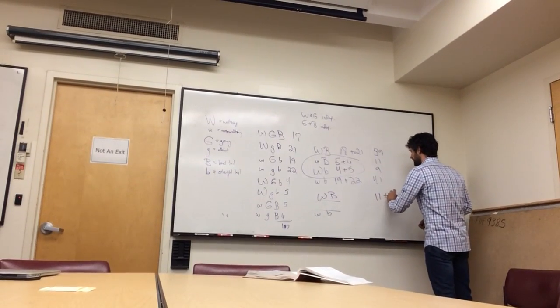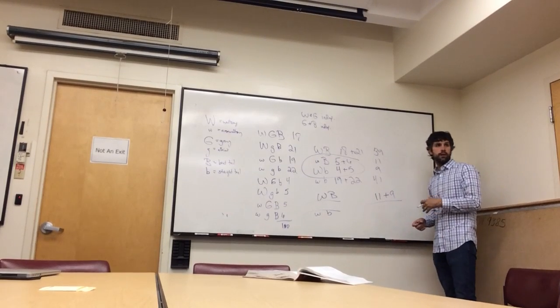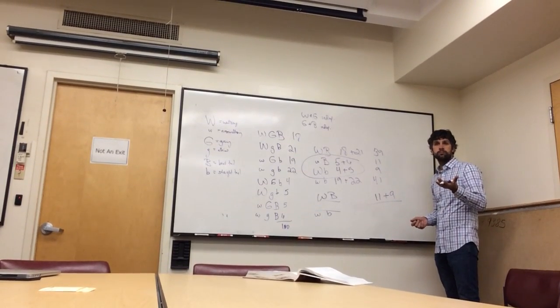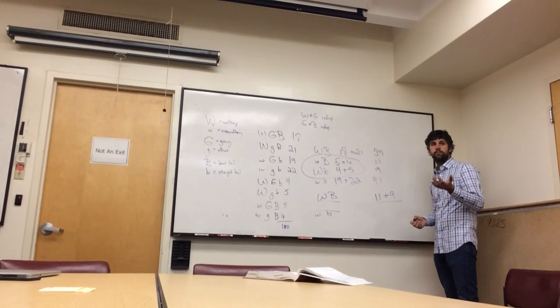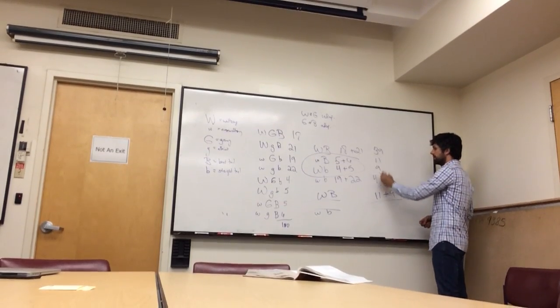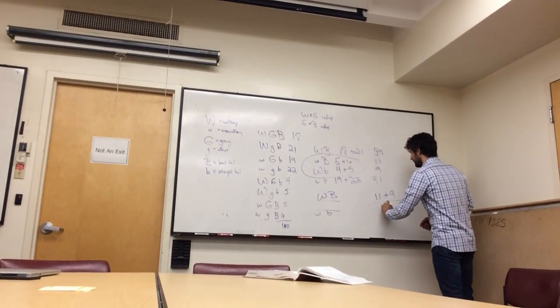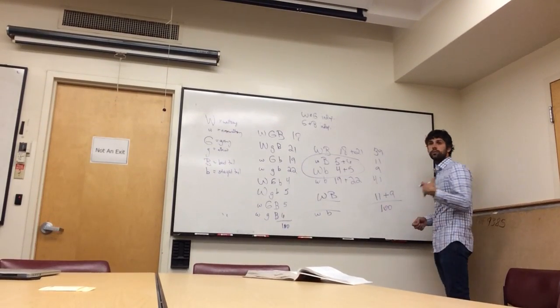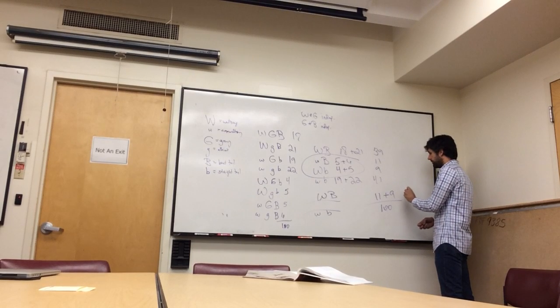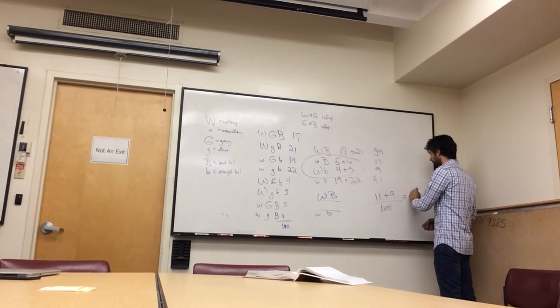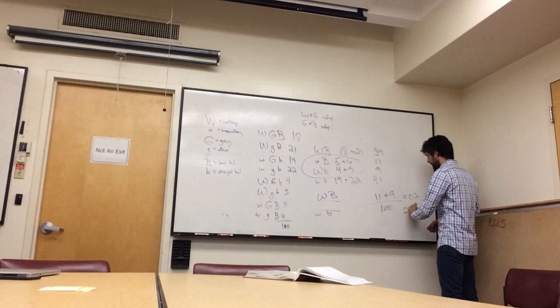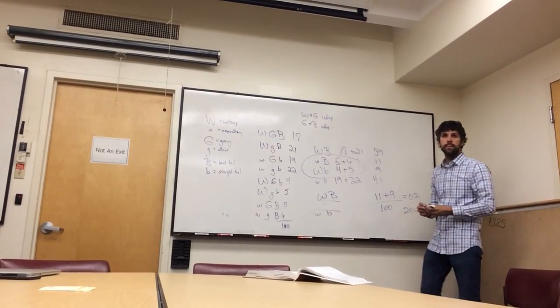So 11 plus 9, and we divide that by the total number. So this all adds up to be 100. And so the map distance between W and B is equal to 20 centimorgans.